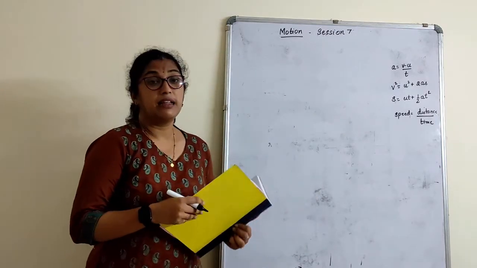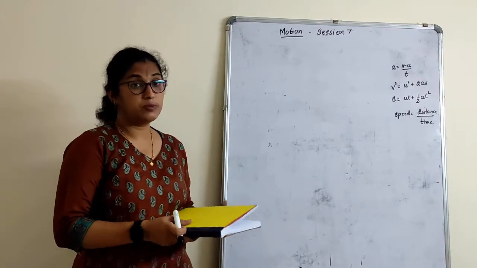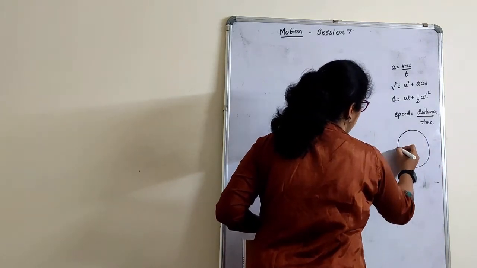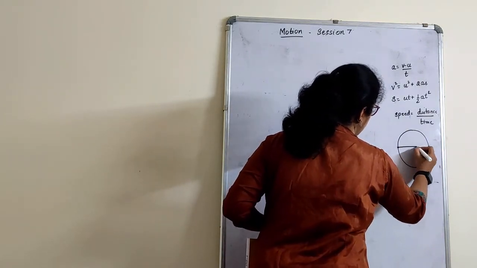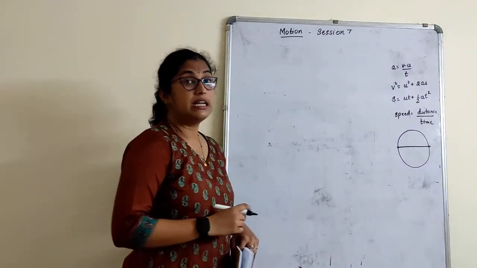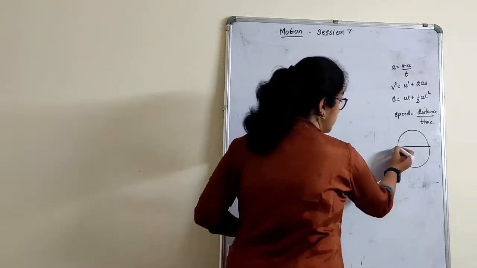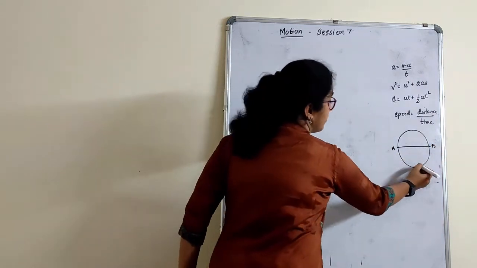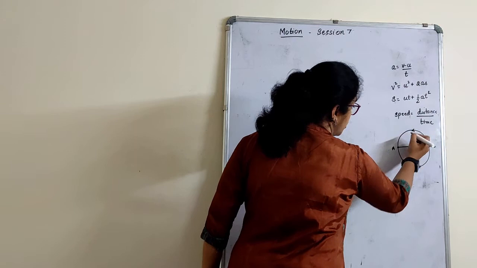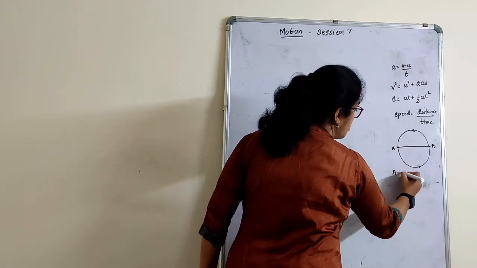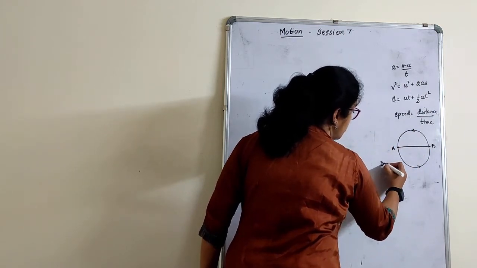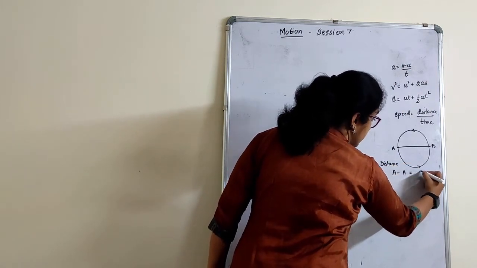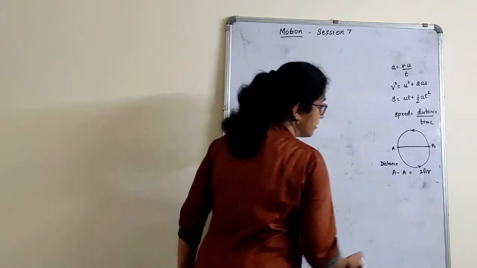Apart from this, there are some other numericals when the body is moving in a circular path. So we talk about distance traveled. We have again revised this. Distance traveled: if a body is at point A and this is point B, the body is traveling in this direction from point A to A. If the body has to reach A again, the distance traveled is nothing but the circumference of the circle, correct? 2 pi r.